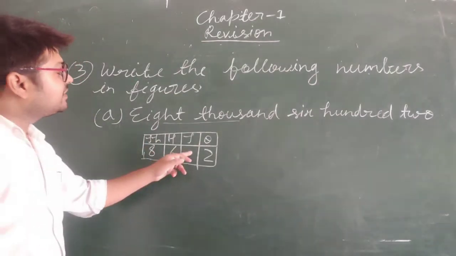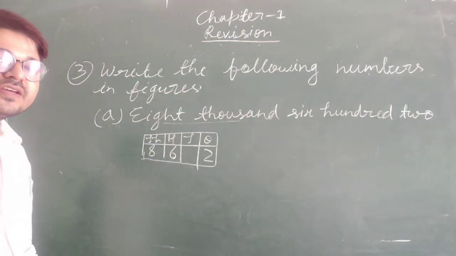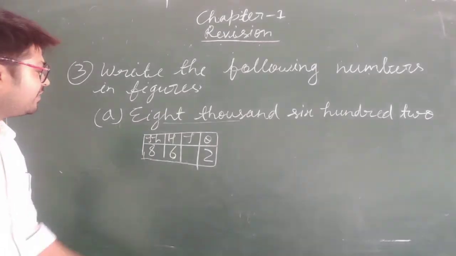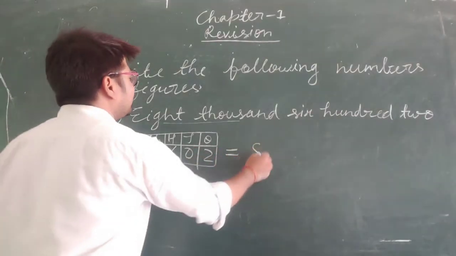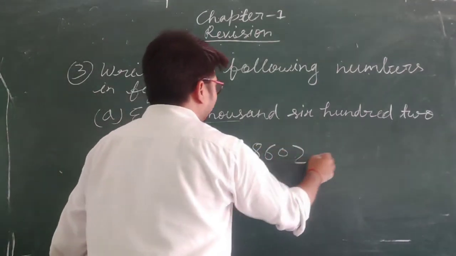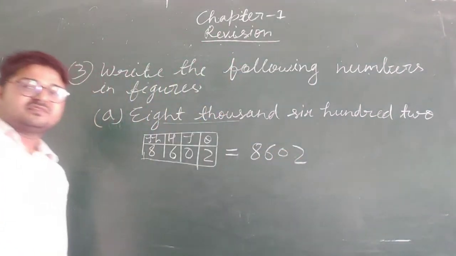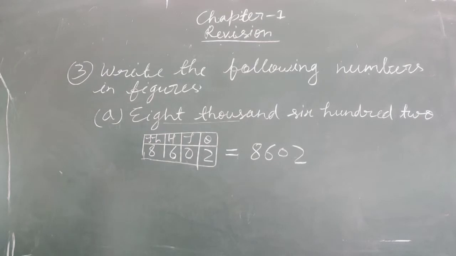And if nothing is there, so what will you write there? You will write 0 if nothing is written here. So 8602. Just like this you can solve question number 3.